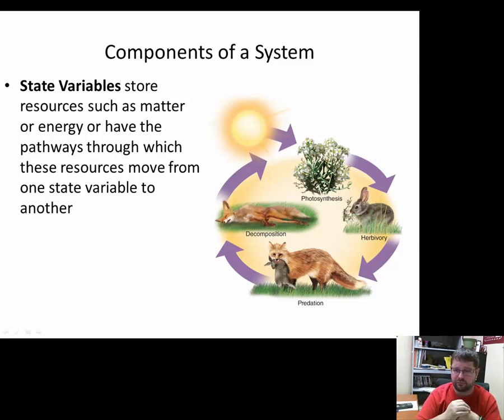Here's just a really simple system of tracking photons or free energy from the sun through the system. A plant does photosynthesis, captures photons, combines carbon dioxide and water and oxygen and utilizes phosphorus and nitrogen to combine these molecules into what we call carbohydrates, sugars mainly.